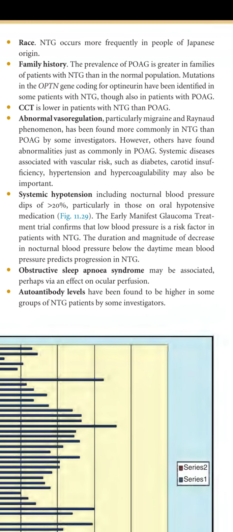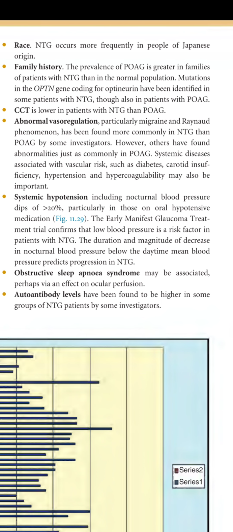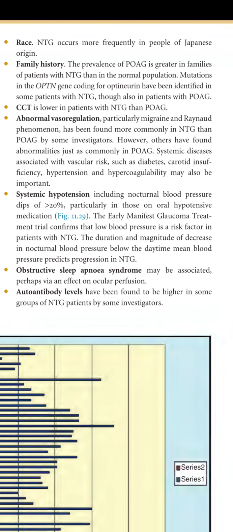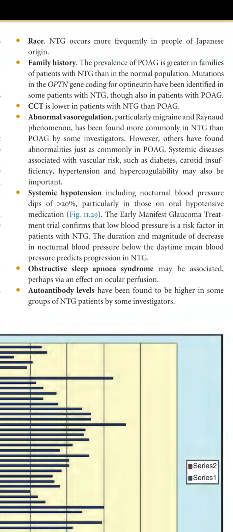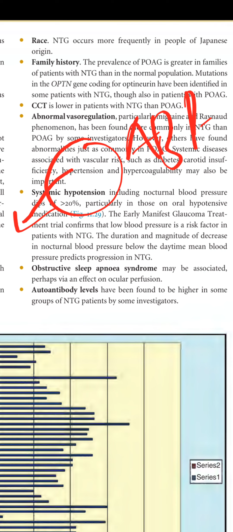Systemic hypotension, including nocturnal blood pressure dips of greater than 20%, particularly in those on oral hypotensive medication. The Early Manifest Glaucoma Treatment trial confirms that low blood pressure is a risk factor for progression in NTG. So not hypertension, hypotension is basically the risk factor because of the arterial BP and the IOP difference.